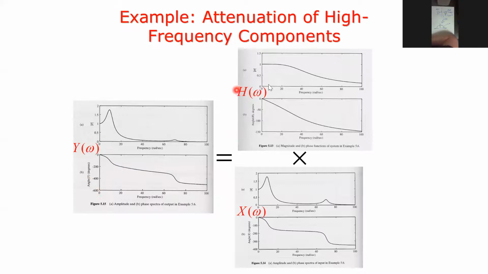This is the h of omega, as we already plotted. We did not actually plot the phase, only the magnitude. And this is the x of omega, the usual sinc function. And here we have the output y of omega. As you can see, some high frequency components have disappeared in this example due to the low pass.